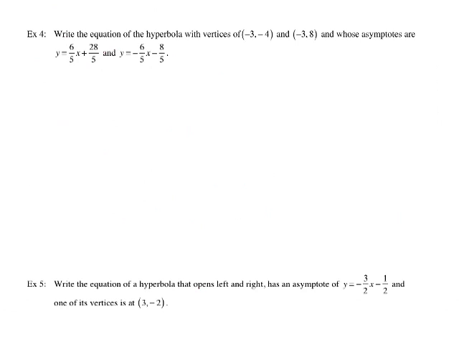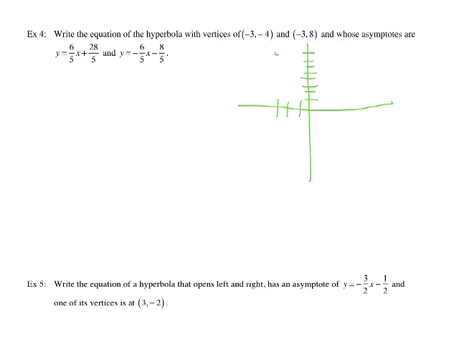Okay, so now we're going to get into some interesting problems, a little different. Write the equation of the hyperbola with vertices of -3, -4, and -3, 8. So often what I'll do, which you see me do in class as well, is plot this. 1, 2, 3, 1, 2, 3, 4, 5, 6, 7, 8.